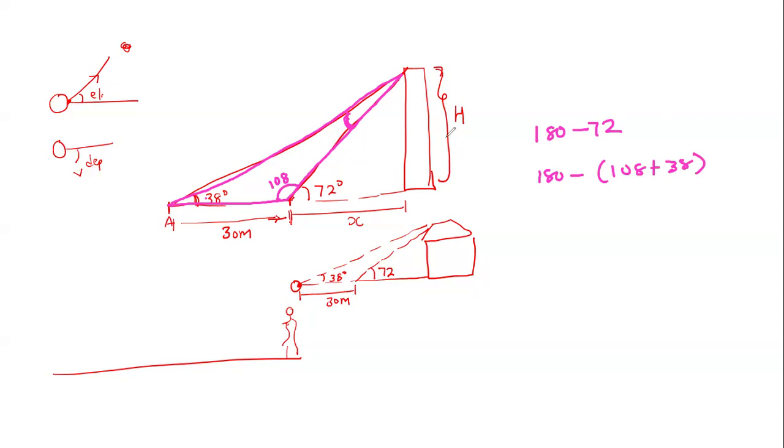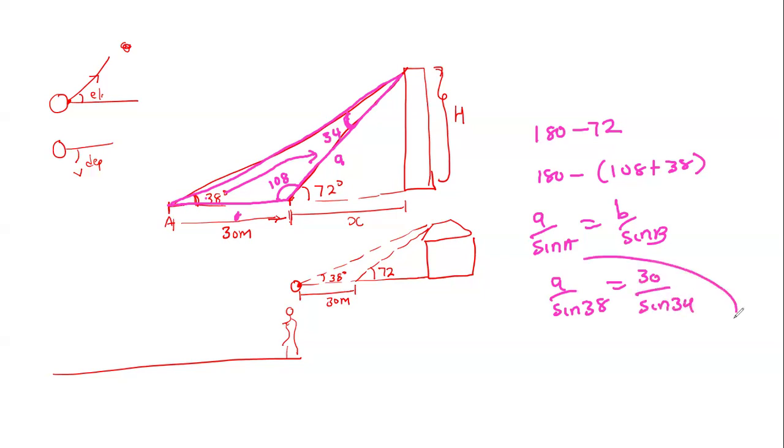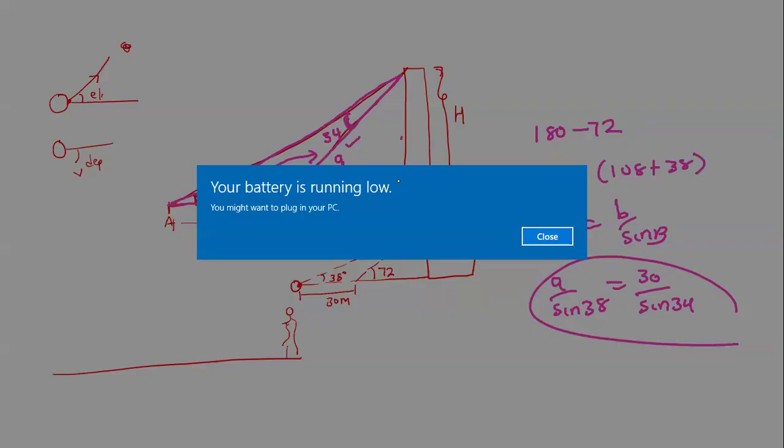So here she ended up with 34. And in our sine rule, when we say a out of sine of A equals b out of sine of B, here our side here is what she named A. So you say a out of sine of 38 equals to B. So for B, we have this side down, so the angle there will be 30 out of sine of 34. So you can use that approach. After getting this, you use, okay, a minute.